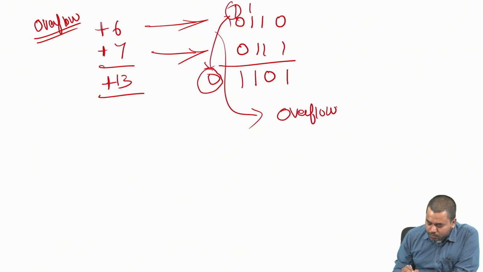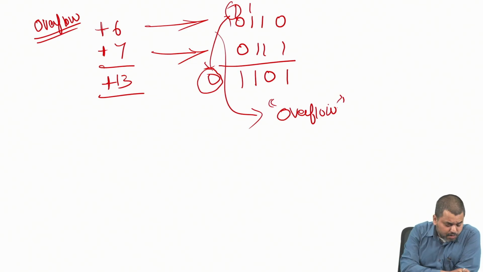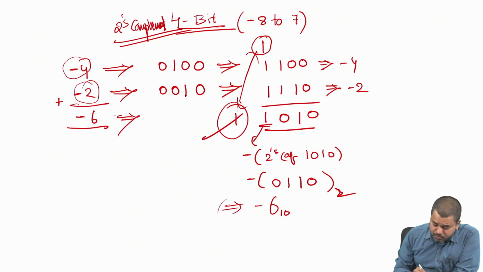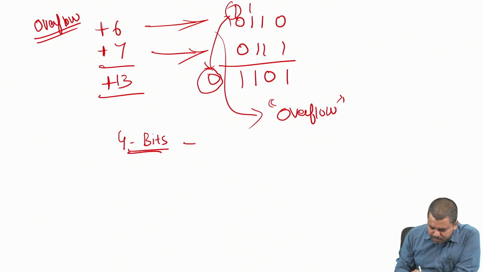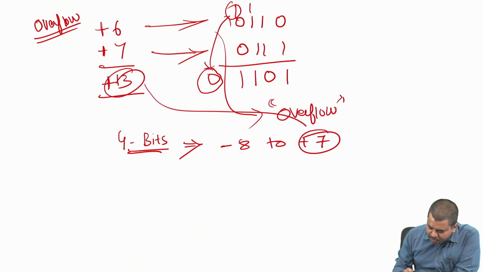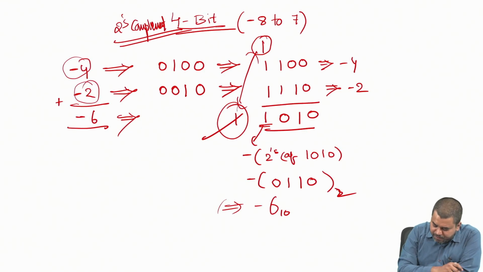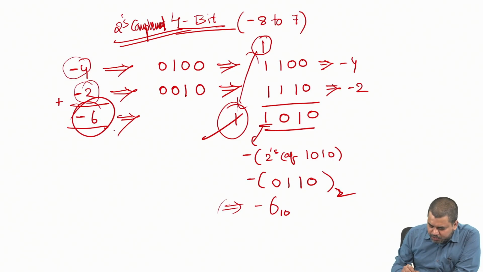In the previous example, using 4-bit numbers we can only represent the range -8 to +7, but here we are getting the result as +13, which cannot be represented. That is the overflow. In the previous case we got -6, which can be represented in this range, so that's not an overflow.